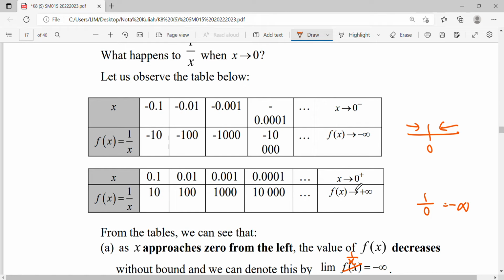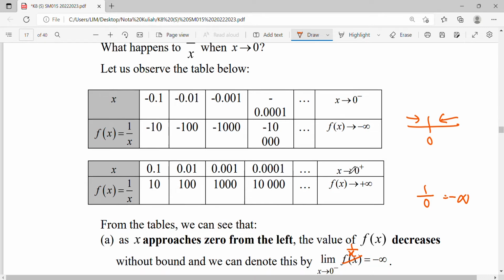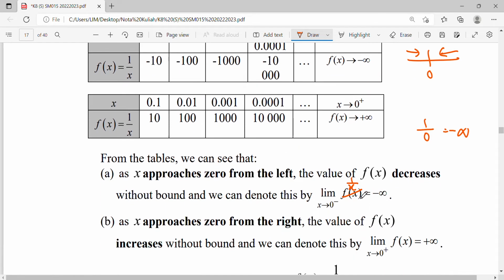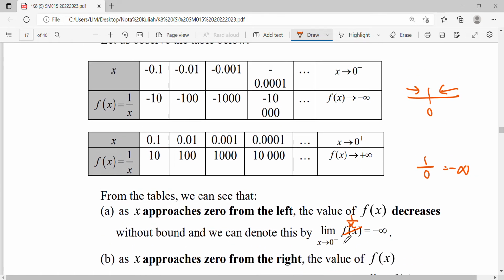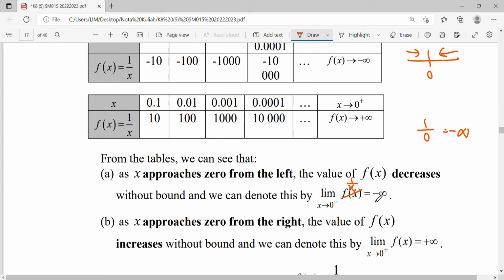In calculation, like I said just now, you substitute 0 into 1 over 0 and you get infinity. Why does it become negative?